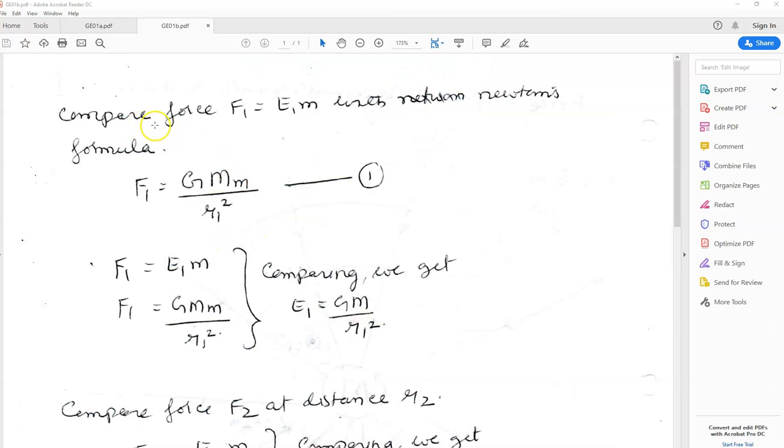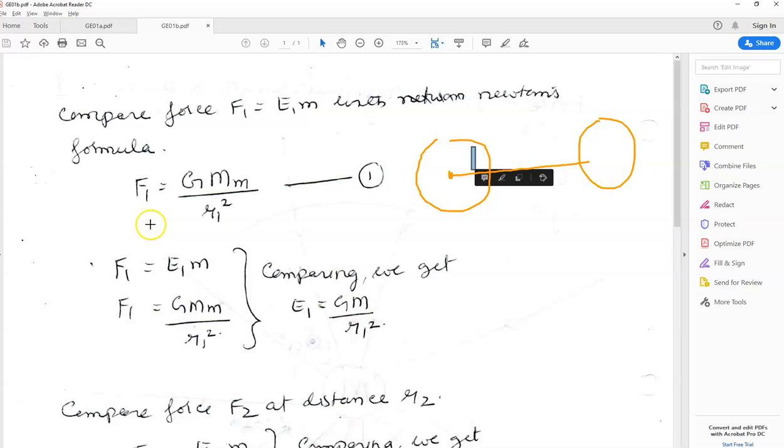Now we are going to compare this equation F is equal to Em with Newton's gravitational formula. So you know that according to Newton's law, the force acting between two masses which are separated by the distance r is G times the product of the masses divided by the distance squared.